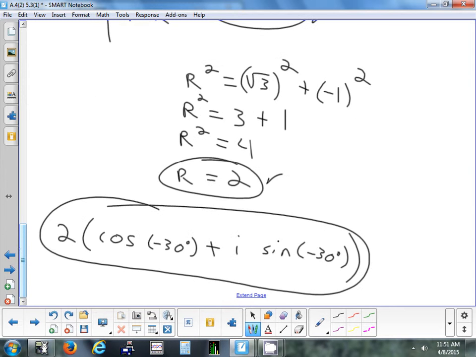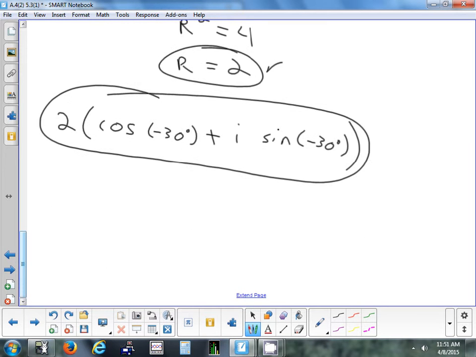So that's the polar form. The only thing they might do is write it with a positive angle. What can you add to an angle that doesn't change where it lands, but makes it bigger? You could add 360. So instead of negative 30, you could write positive 330.